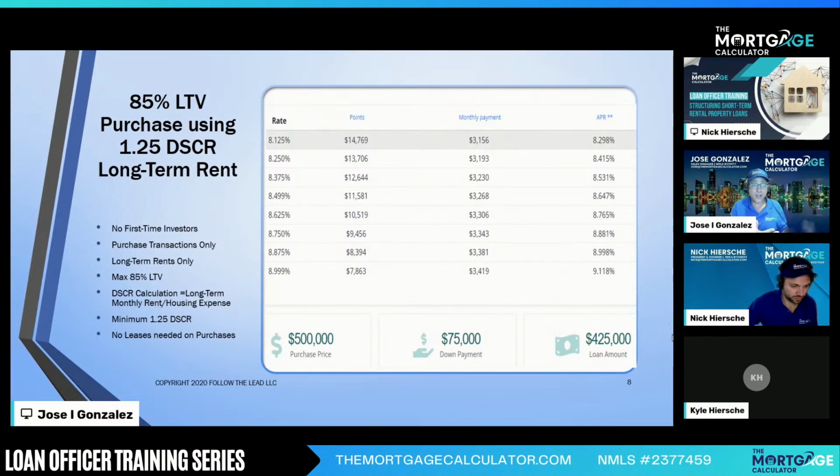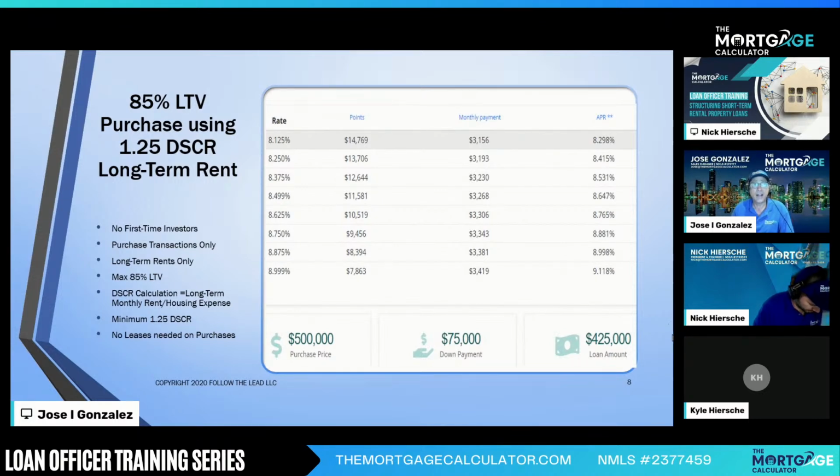Now you do your calculation, right? You start working the numbers. In this example right here, for our 85% LTV, now remember this is a 1.25 minimum DSCR. So you see here a payment. Now this payment, I didn't include taxes and insurance, so we'll add, let's say, $500 for taxes and insurance. I'm used to South Florida numbers.